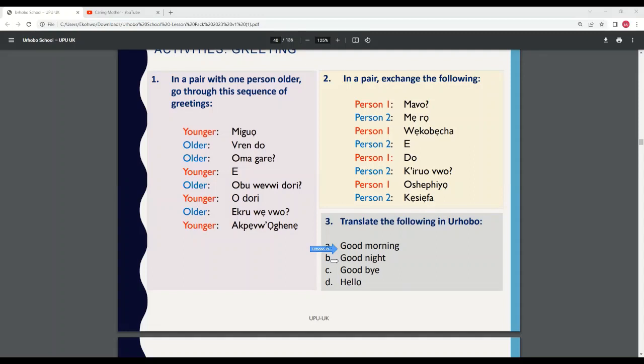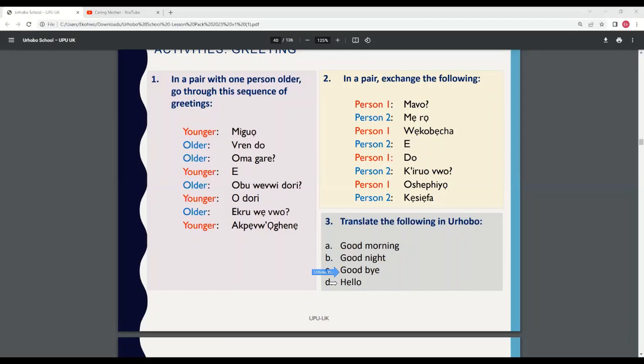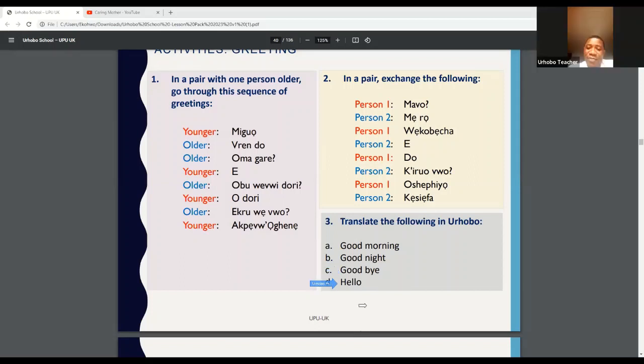Omamo Urioke. Okay. And then good night can be Tode. Goodbye is Kesiefa. And then hello is Mavo. Mavo, great. Thank you.